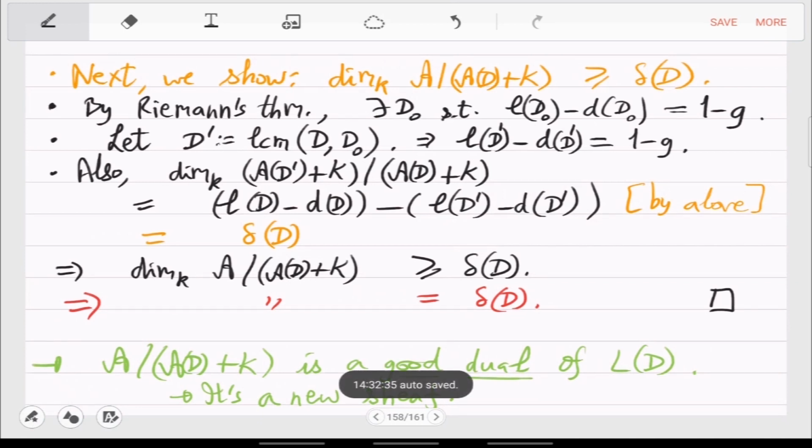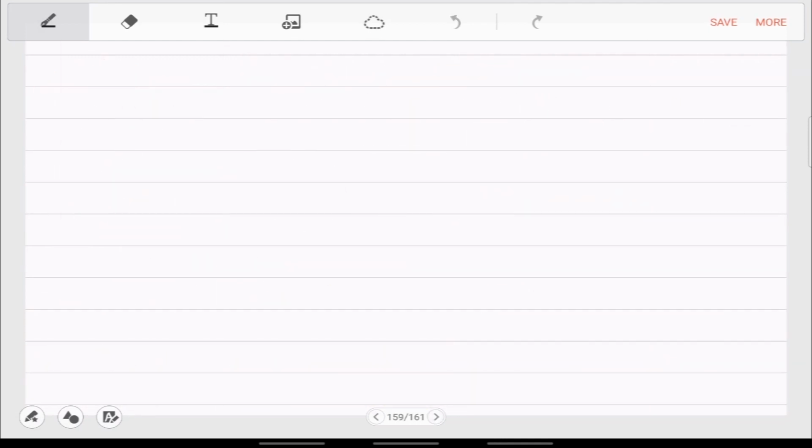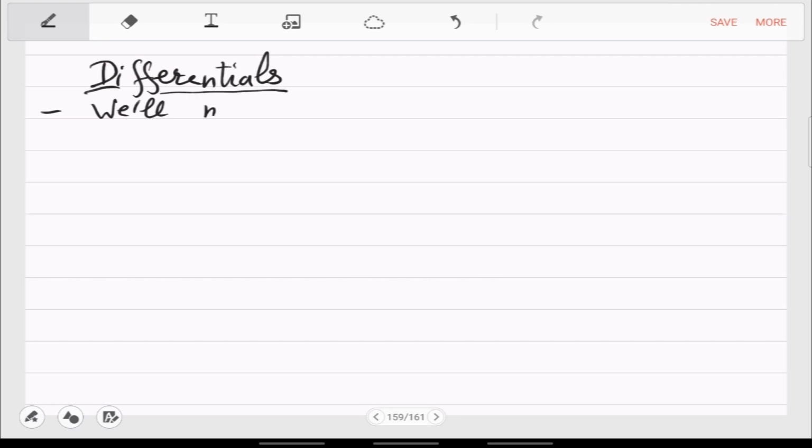So we look at the homomorphisms from this to small k. So that will be the beginning of differentials. What were we trying to do? We are trying to construct homomorphisms from AD by AD plus K to K.